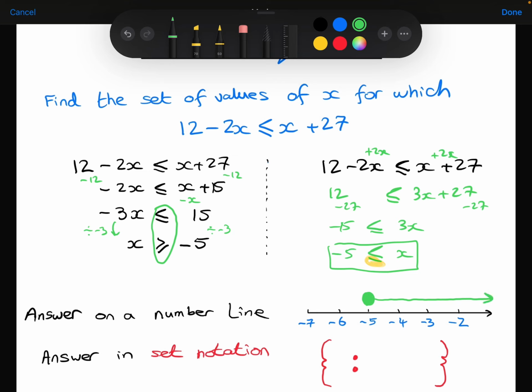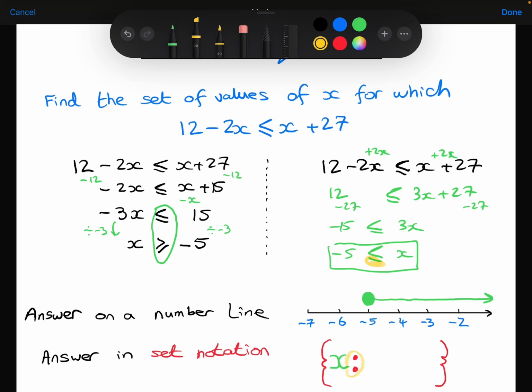We could give our answer in set notation. Now, in set notation, you have these curly brackets. These curly brackets are going to represent all of the numbers inside them. So it's a set of numbers. Now, when we do set notation, the first part of the bracket is going to be the variable that we're talking about. In this case, it's x we're talking about.